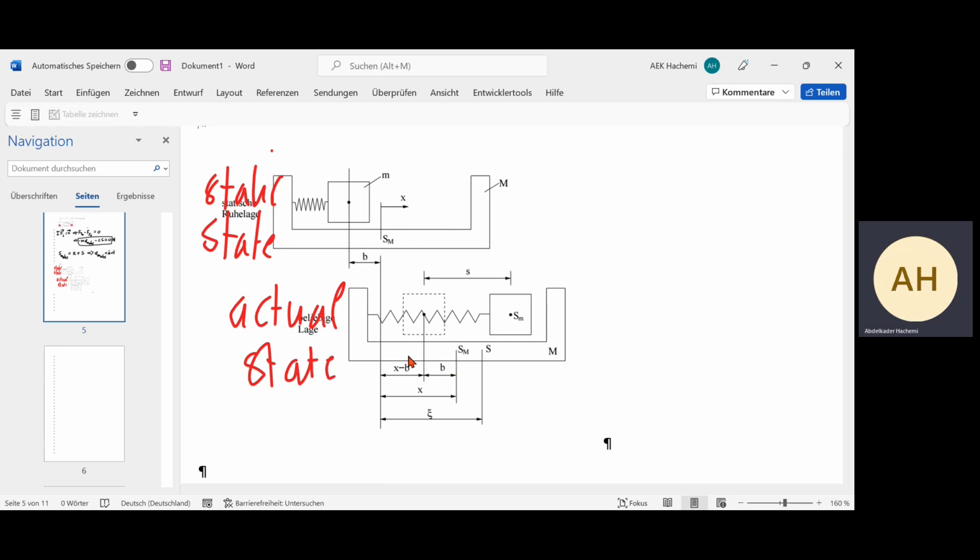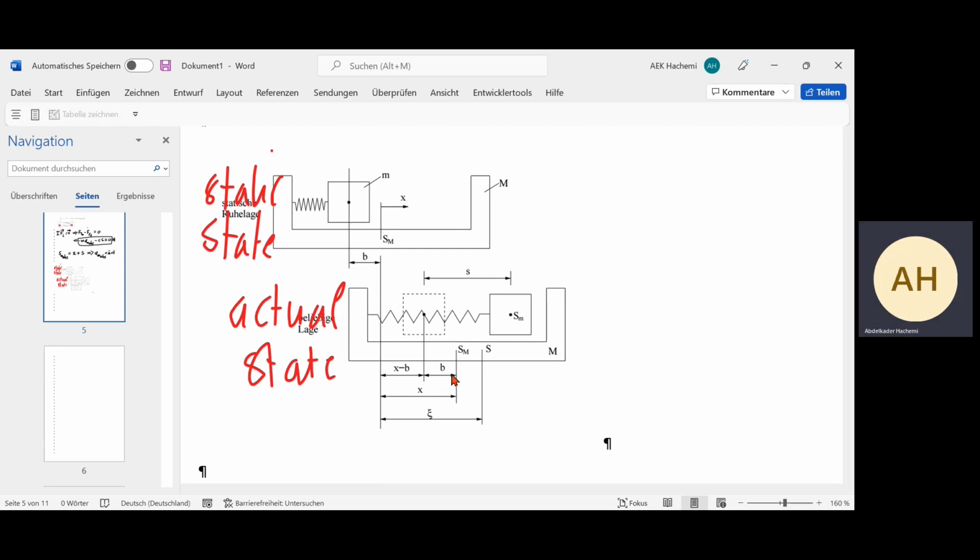This is the initial, static position, here B, the distance between the center of mass of the wagon and the center of mass of the small mass m.